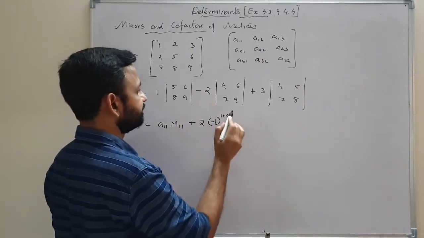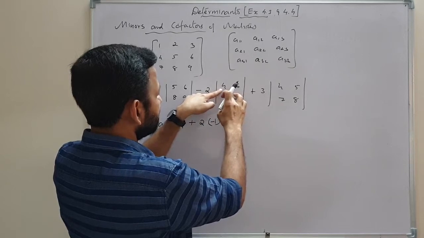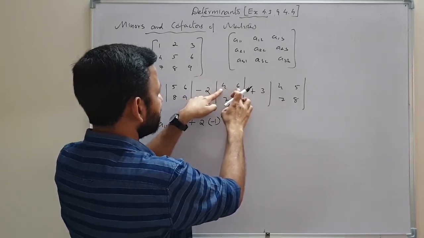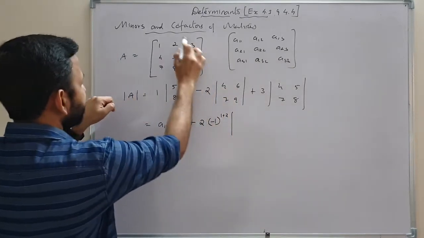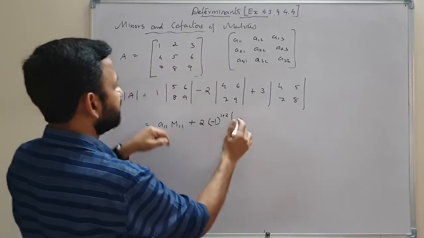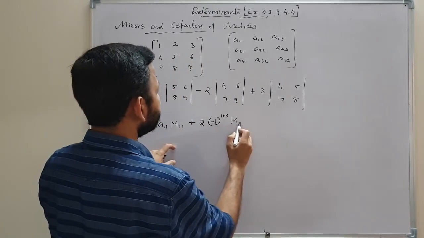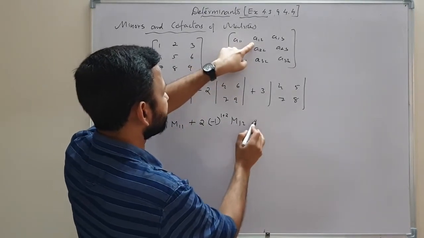Then this one, deleting, 4, 6, 7, 9 is M12, the minor of 1, 2.